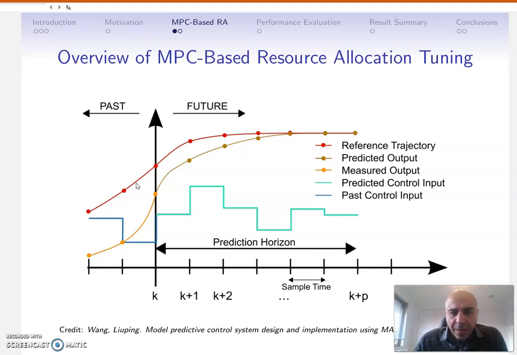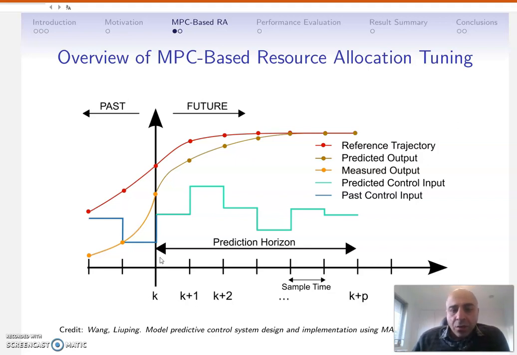tries to measure the difference between the target value and the existing value. The red color here shows the target value, and the orange color shows the existing performance value. Such a difference shows that the controller needs to take some action such that this difference becomes zero, or gets closer to zero.